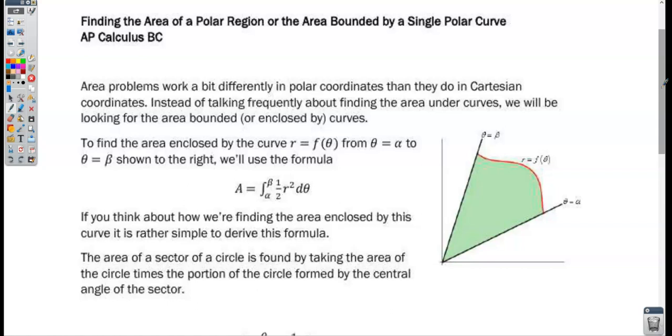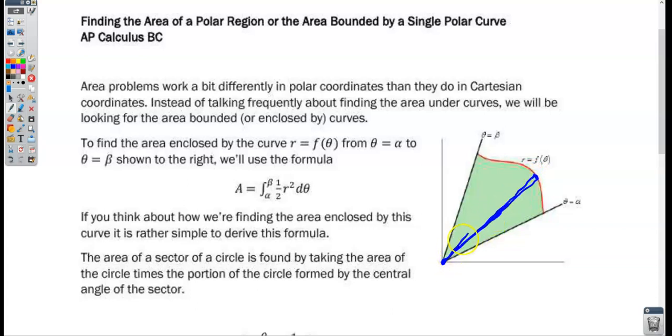Okay, now you might be sitting here going, well, where on earth did that formula come from? And honestly, it just comes from the formula for the area of a sector of a circle. Because what we're going to do is take, at each of these values, a very narrow band that kind of looks like this.